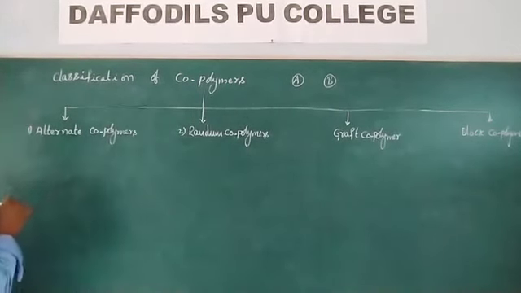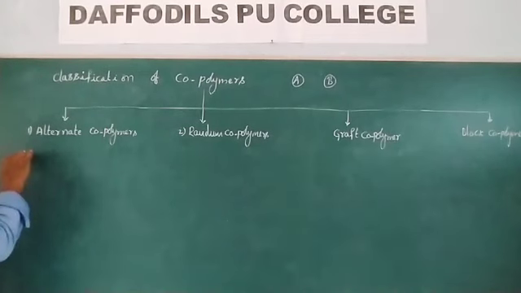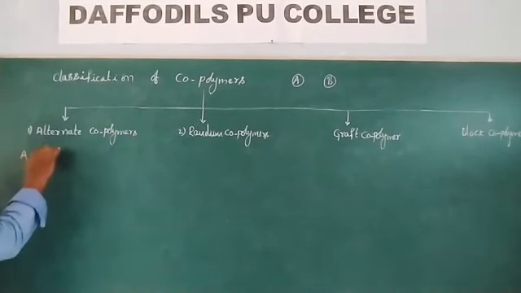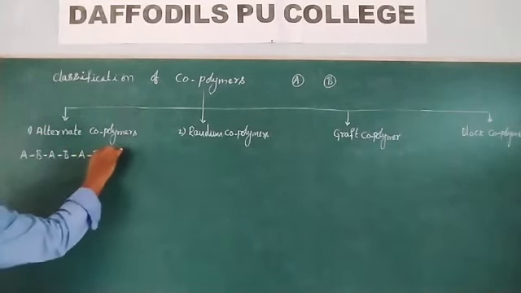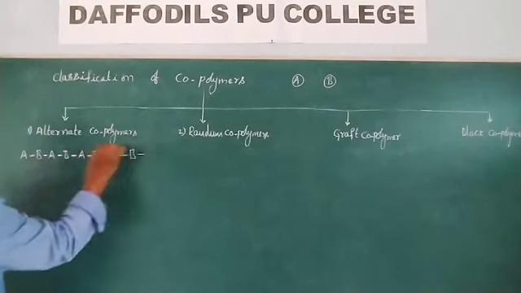In an alternate copolymer, monomeric units are connected in an alternate manner.